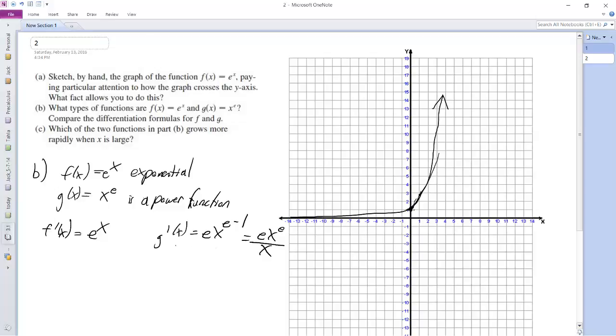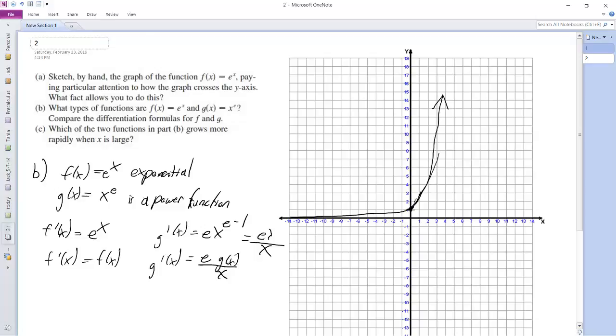All right, so f prime of x is equal to f of x for this, and g prime of x is equal to e times g of x over x.